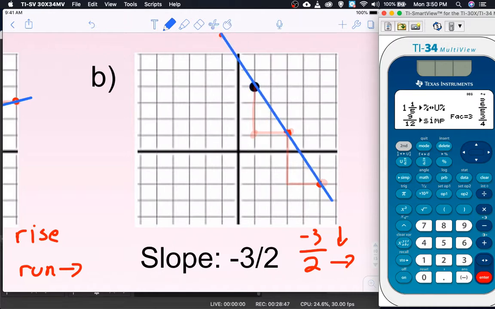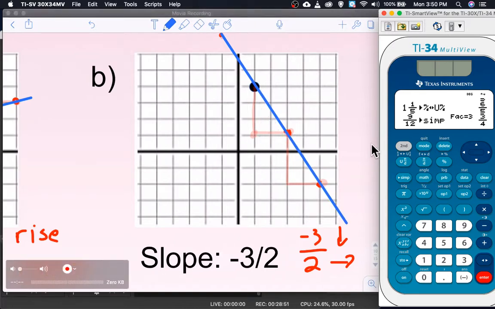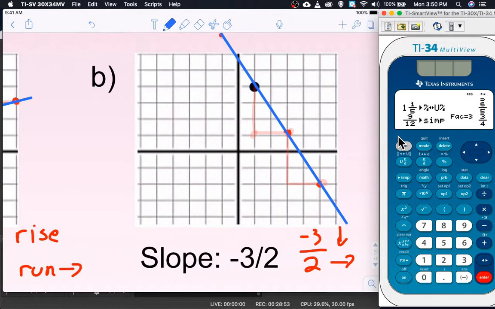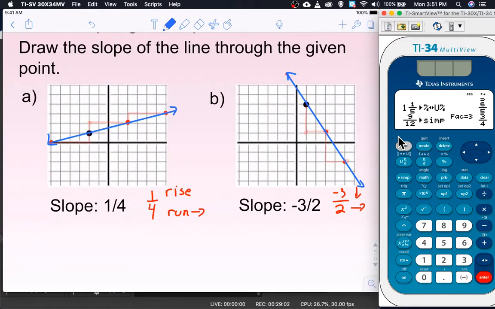So I'm extending the whole way across the graph through each of my points. And that should be your goal as well. In fact, we should even add little arrowheads on the end of our line. I did not do it in the first one, so let's do it now. So now we show that our line goes on forever in that same direction, using that same pattern, which is called the slope.